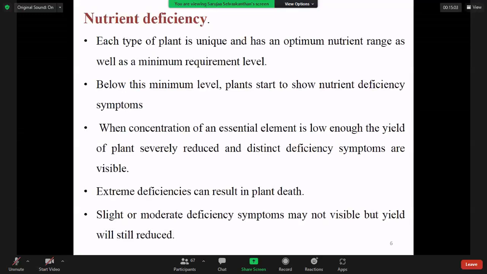From these symptoms you can identify which nutrient is deficient, and from that you can supply the nutrient to the plant.